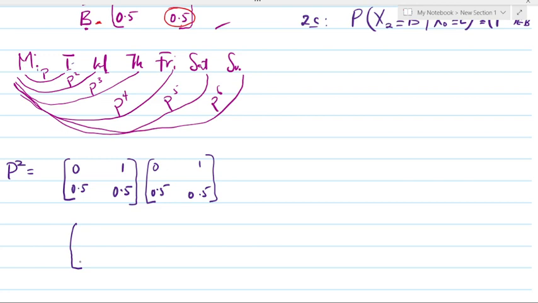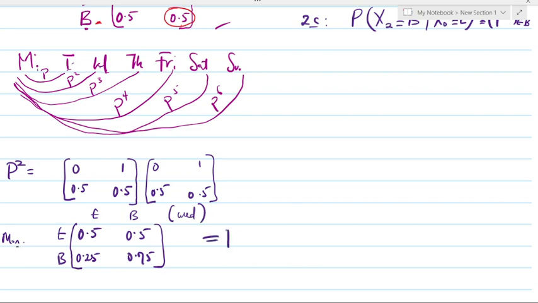So I'm going to have 0, 1, 0.5, 0.5 for the first row, and 0.25, 0.75 for the second, giving 0.5, 0.5 and 0.25, 0.75. Don't forget this is Monday, with egg and bread, and the columns are egg and bread on Wednesday. From Monday to Wednesday, that's over 2 steps, so this is our P squared.